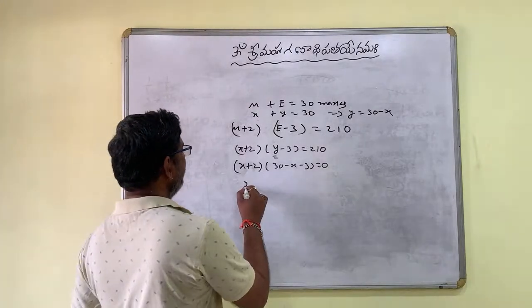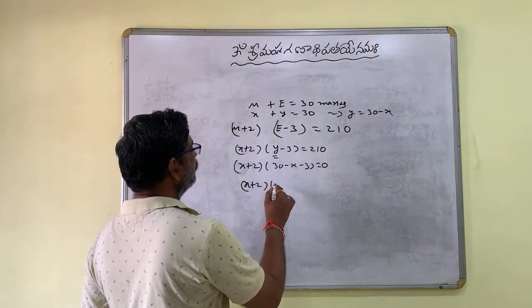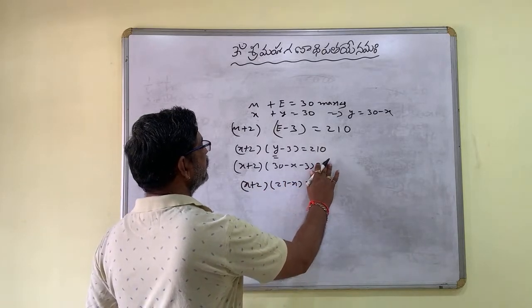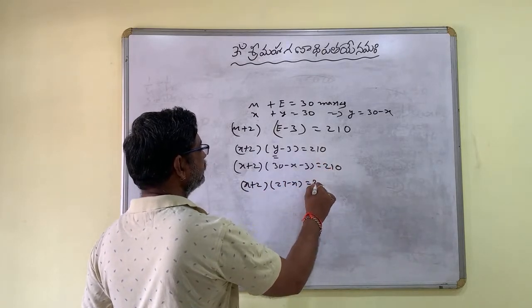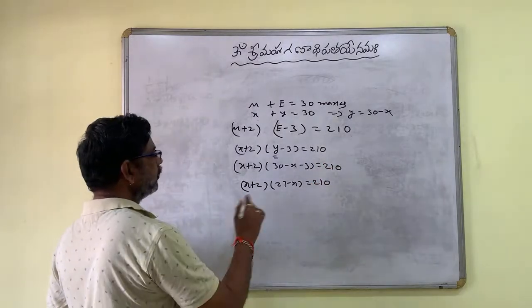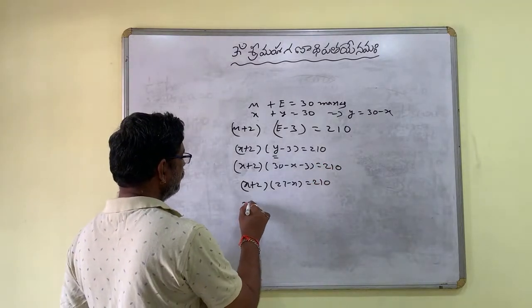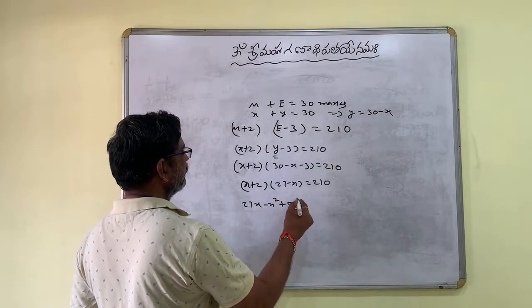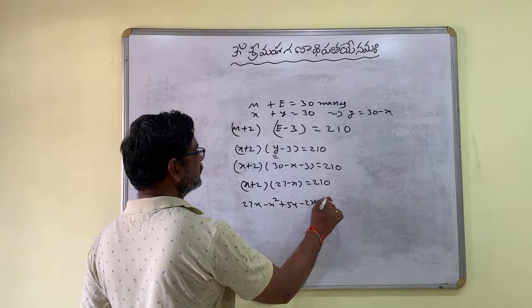Now you simplify. (x plus 2) into (27 minus x) is equal to, not 0, sorry, it is 210. Now multiply both: 27x minus x square plus 54 minus 2x is equal to 210.